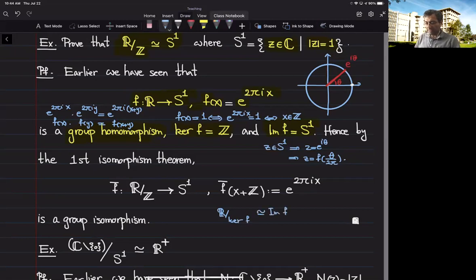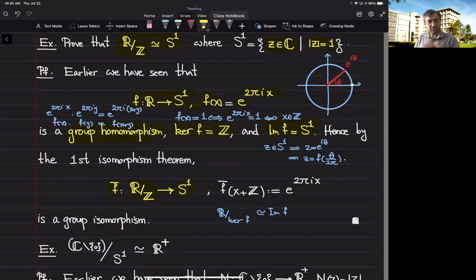Now, the kernel of f is Z, and the image of f is the entire S1. So we get that there is this isomorphism from the quotient of R by the kernel, which is Z, to the image of f, which is S1.